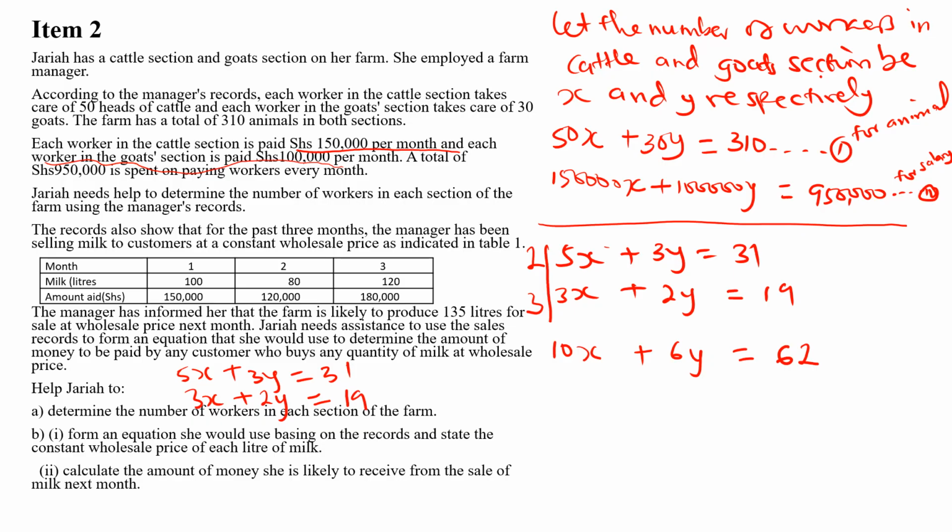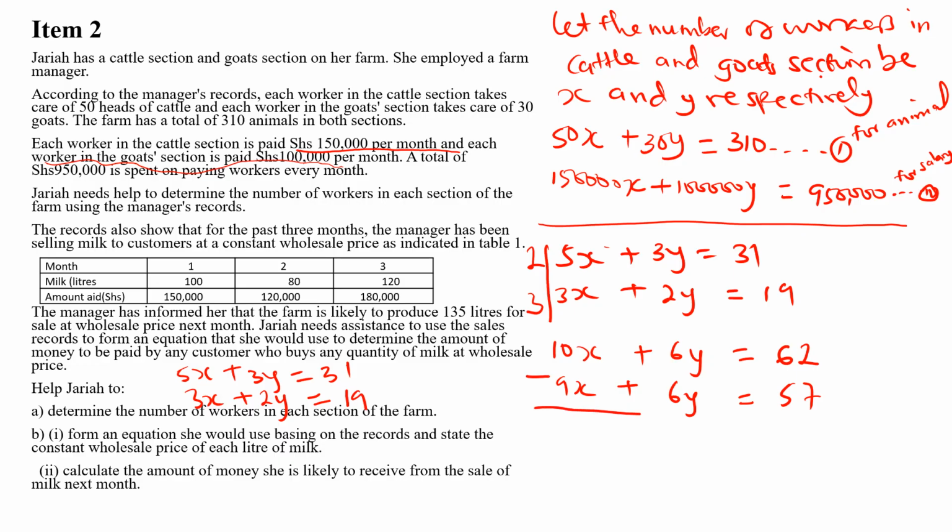And then these should multiply all parts of the equation. 3 times 3x, I get 9x, plus 3 times 2y, I get 6y, is equal to 3 times 19, I get the answer as 57.